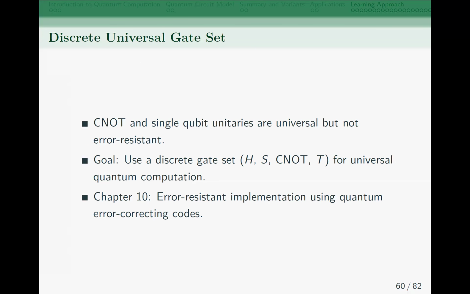Before I go to the proof, the idea is basically, as I showed, that a single-qubit unitary can be decomposed using the Euler angles. So I only need two axes, two non-parallel axes.